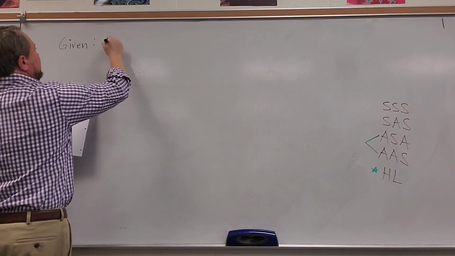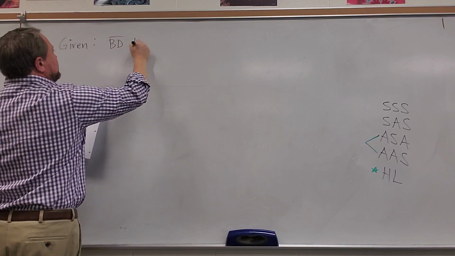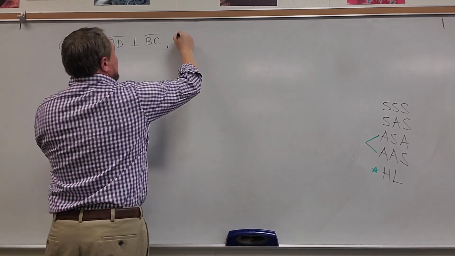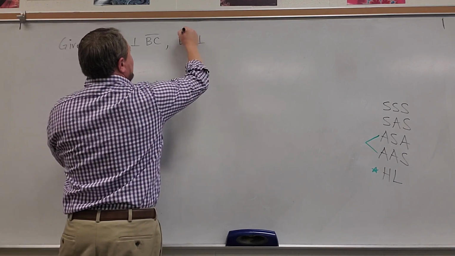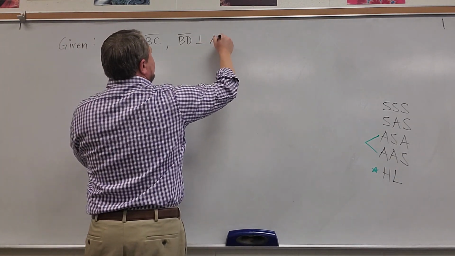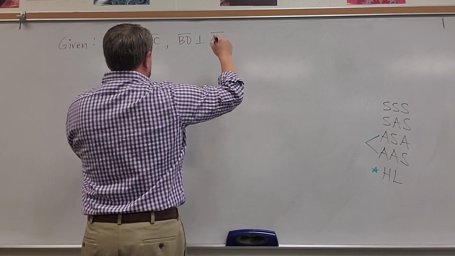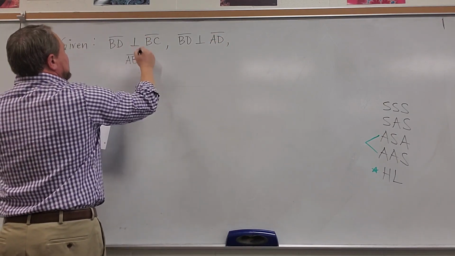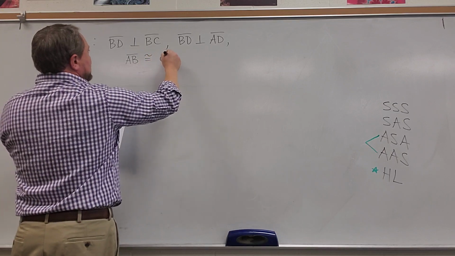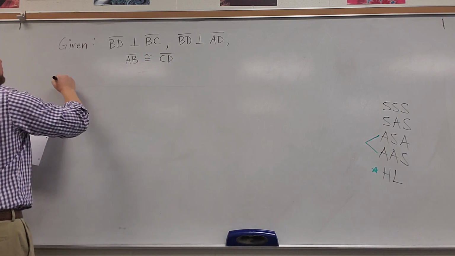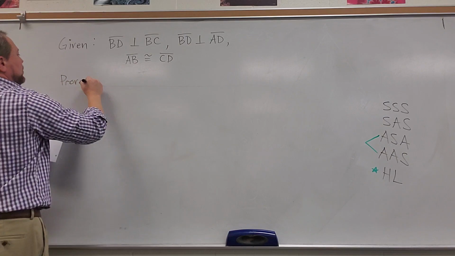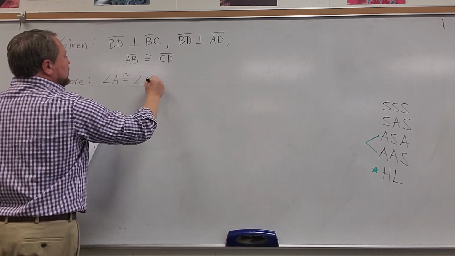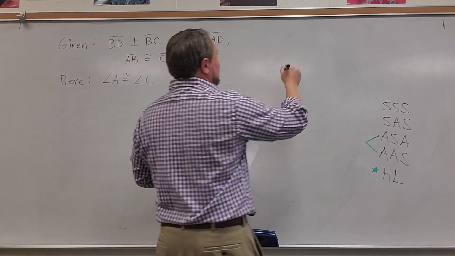So on this one, our given is that BD is perpendicular to BC. BD is also perpendicular to AD. And finally, one other given, AB is congruent to CD. And in the end, we're going to prove that angle A is congruent to angle C.